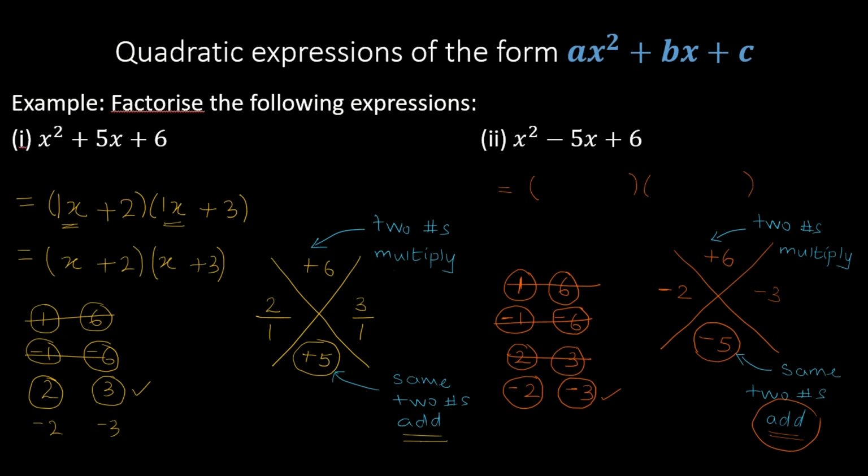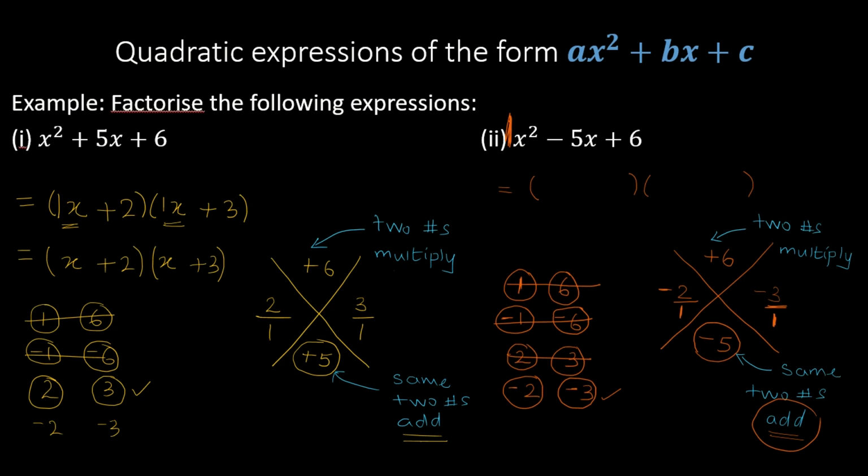Now, let us come back to the given expression, x squared minus 5x plus 6. What is the leading term? It is x squared, of course, and the coefficient is 1. So we have to divide negative 2 by 1 and negative 3 by 1. Now we fill in the pairs of brackets.